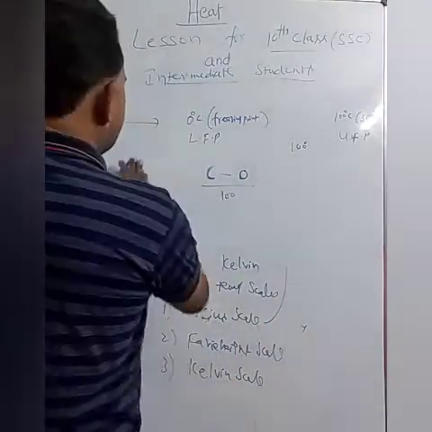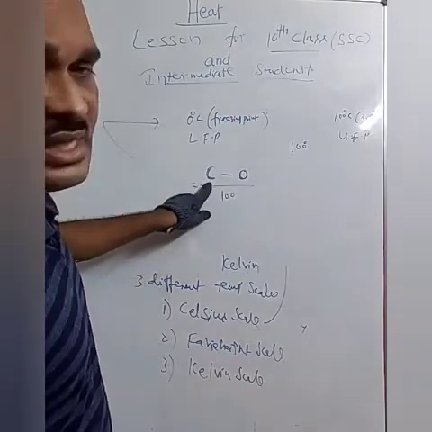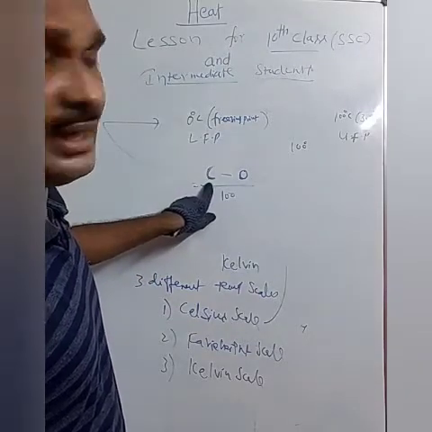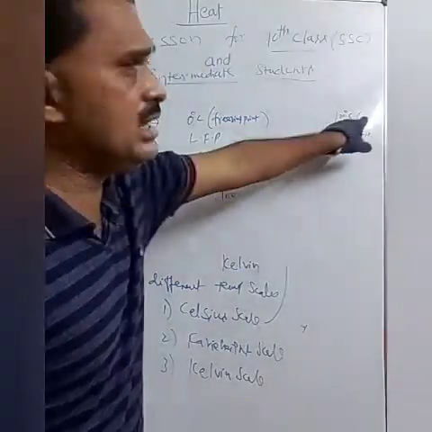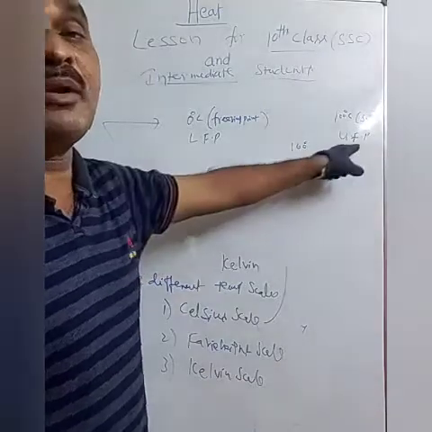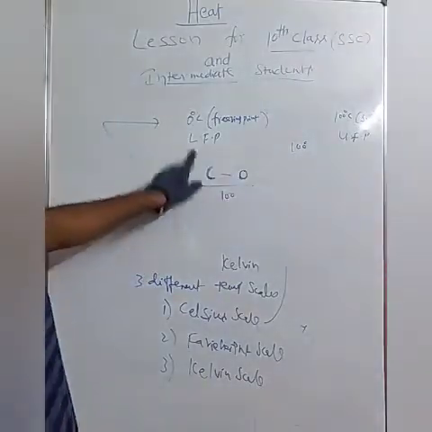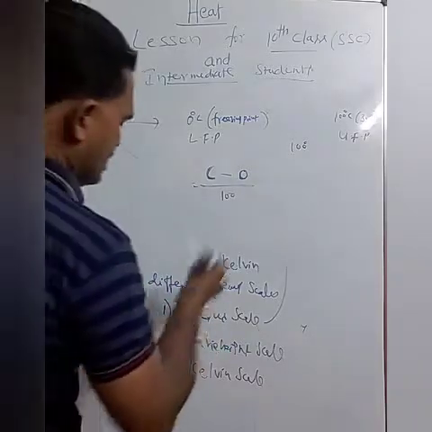So we can write the scale like this: C minus 0 by 100. The C represents the Celsius scale, 0 means the lower fixed point, and this 100 does not mean the boiling point. This 100 is the difference of the upper fixed point to the lower fixed point, that is 100 degrees. With this we define the Celsius scale.